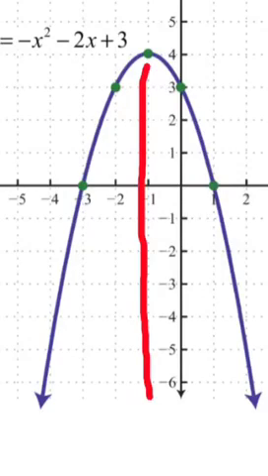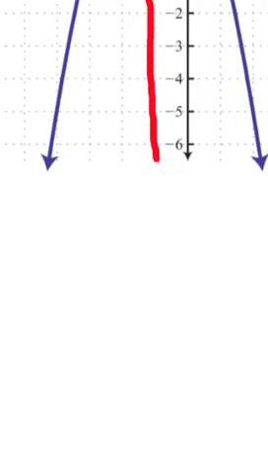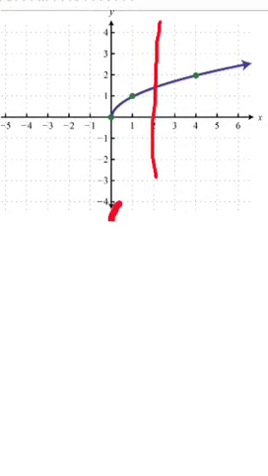Let's look at another graph. The next graph is going to be a square root. So given this graph, we need to find again the domain and the range.